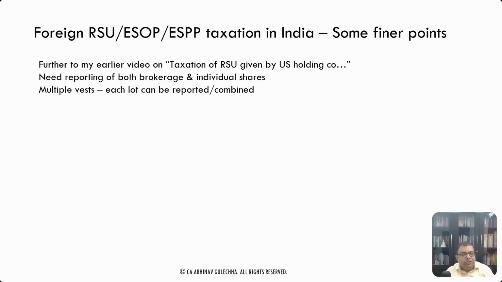So on December 31st, 2023, I'm talking about the assessment year 2024-25 return, you need to report 100 shares. It should not be that instead of 100 shares, you are reporting only 20 shares. That is the essential thing you need to keep in mind. Some numbers here and there are perfectly fine, but it should not be starkly contrasting.